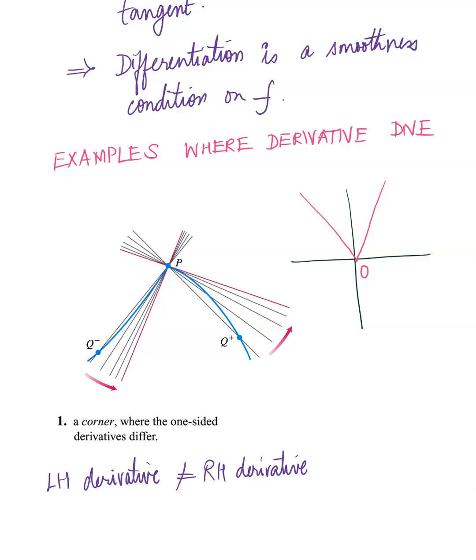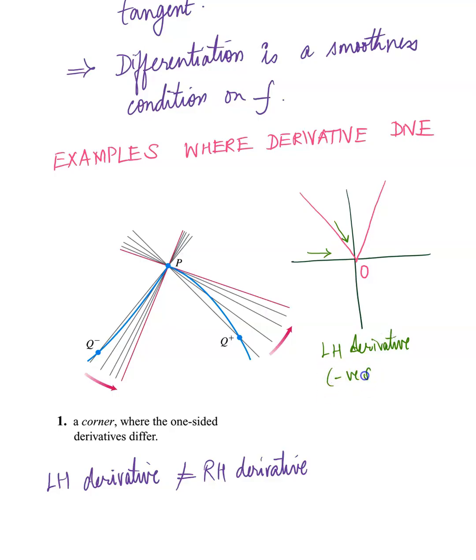This is a classic example of how continuity does not imply differentiability. Because if you approach 0 from the left, your pink piece on the left is a negative slope. It's a decreasing line, so the slope is negative. So the left-hand derivative is negative.